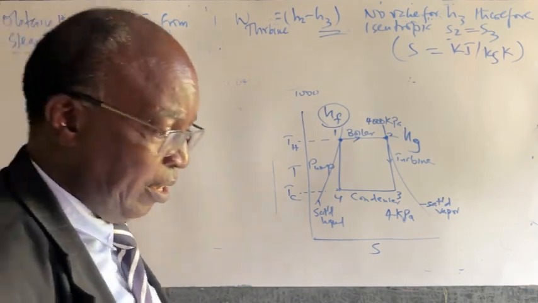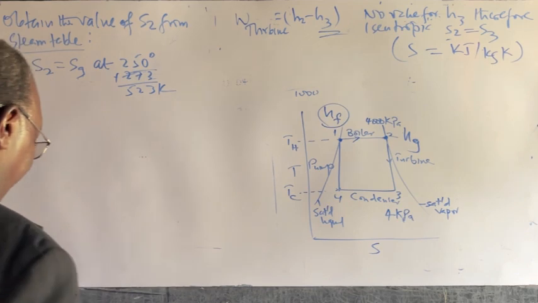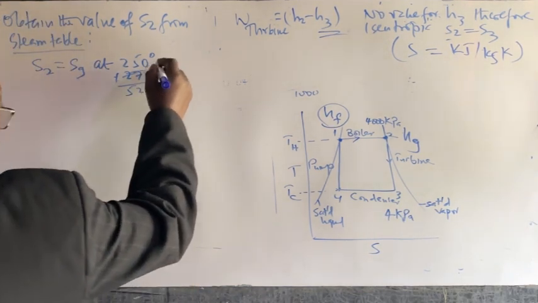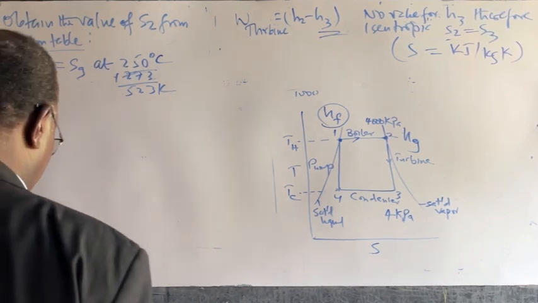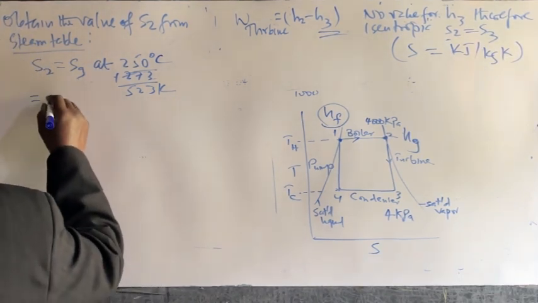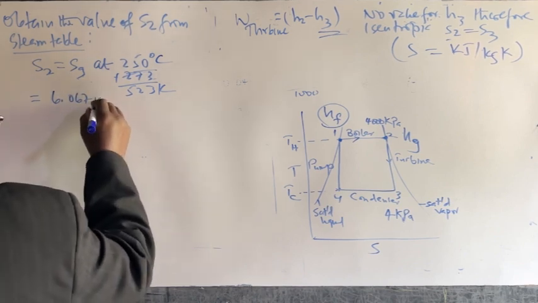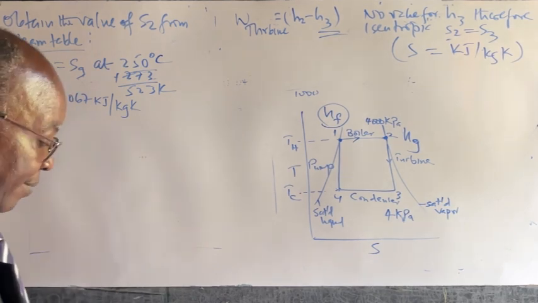Is it Kelvin or is it degrees centigrade? So that you get your correct information. So we will see that at 250 degrees centigrade, the value for the entropy is 6.067 kilojoules per kilogram per Kelvin.